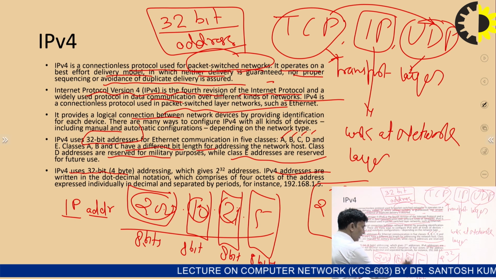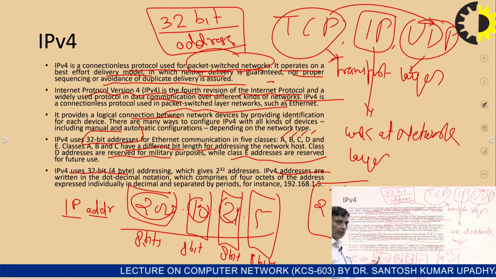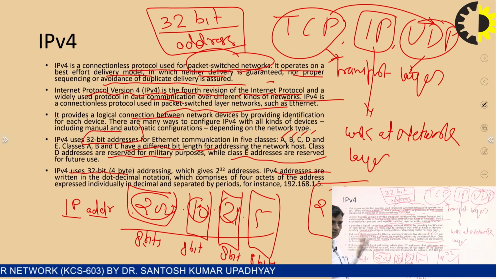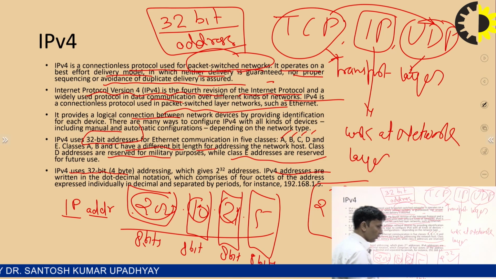Whenever you want to convert to hexadecimal or binary, you can convert 200 into decimal, binary or hexadecimal, whatever your requirement. This is the dotted decimal notation.